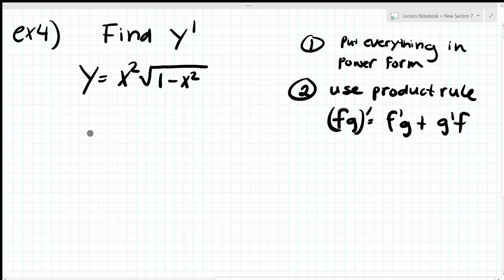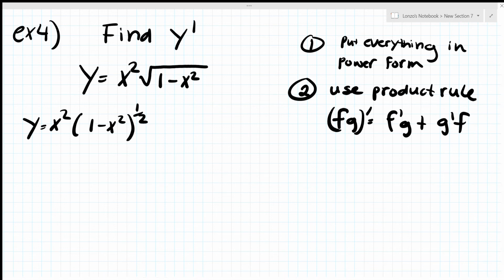So first step, put everything in power form. So y equals x squared times the square root of 1 minus x squared, and the square root is the same thing as 1 minus x squared raised to the 1/2 power, right? First, we've got to use the product rule because we want to find y prime.